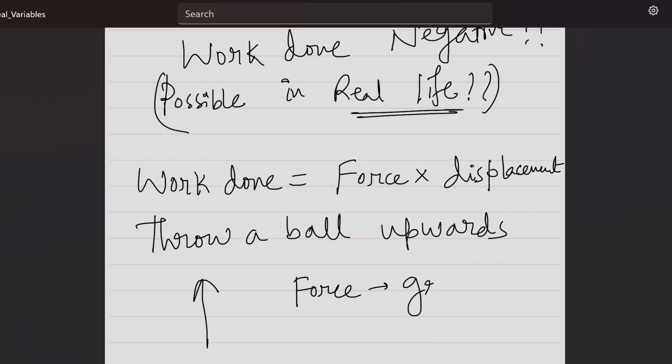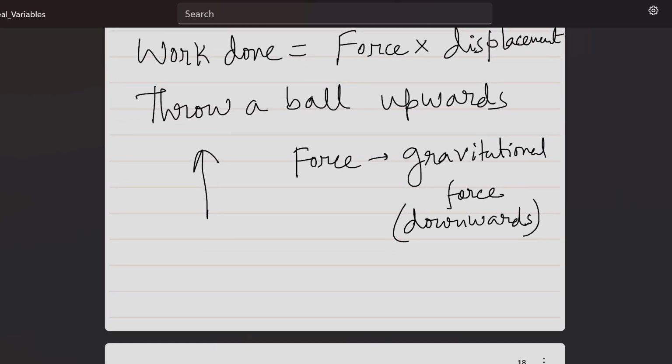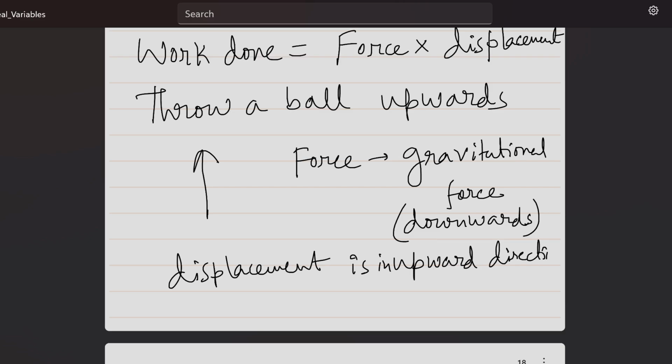Force is gravitational force. Gravitational force always acts downwards, right? But you are throwing the ball upwards, so displacement is upwards. Displacement is in the upward direction, but the force is in the downward direction because of gravitational force. So here the work done is negative.